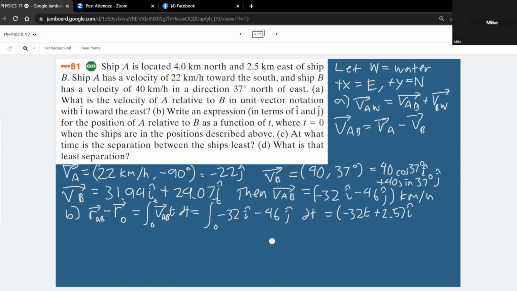Walang T. And then the whole thing just becomes velocity times T. So that should only be negative 32I minus 46J times T. Walang plus 2.5 or anything else. It doesn't follow.